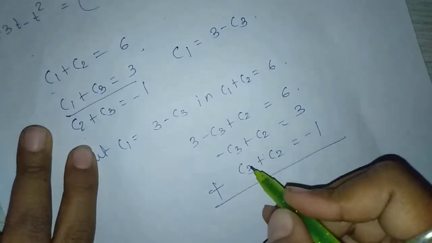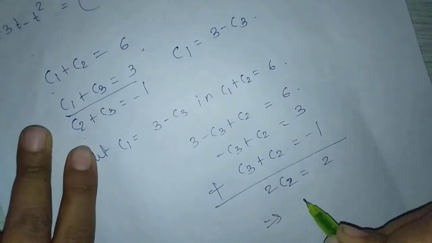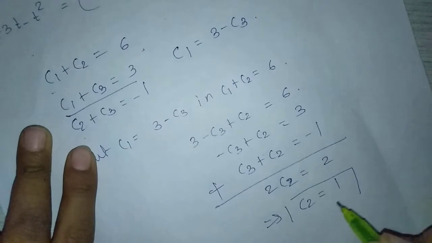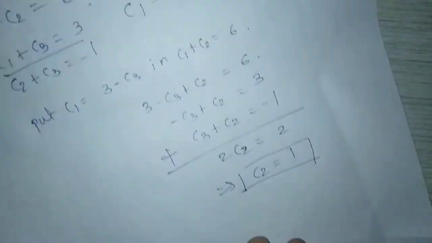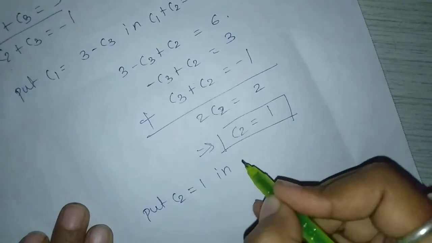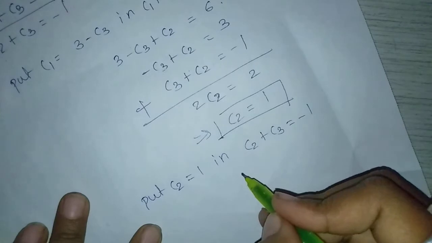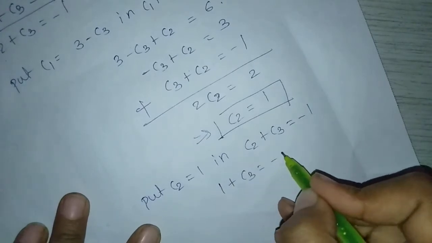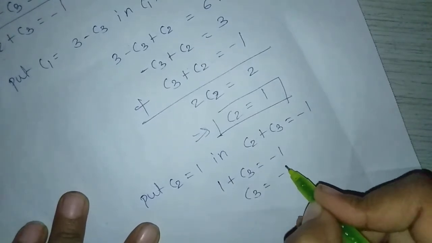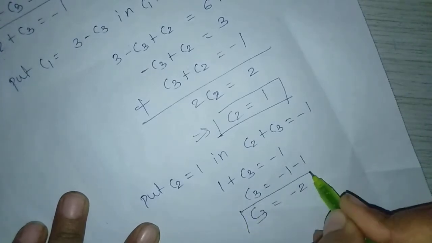Add these two equations, we get 2C2 equal to 2, which implies C2 equal to 1. Now put C2 equal to 1 in C2 plus C3 equal to -1. We get 1 plus C3 equal to -1, means C3 equal to -2.